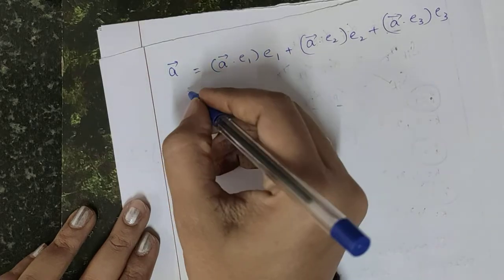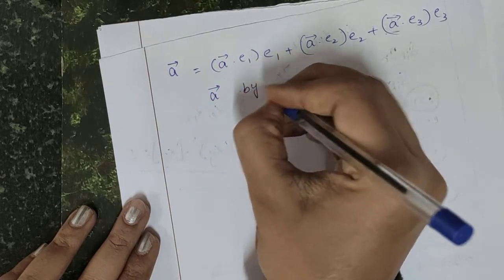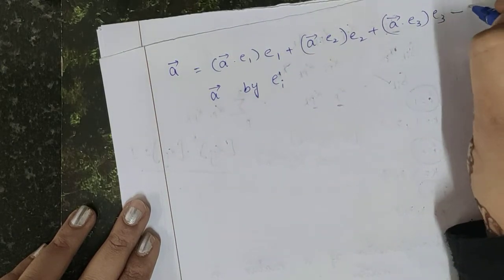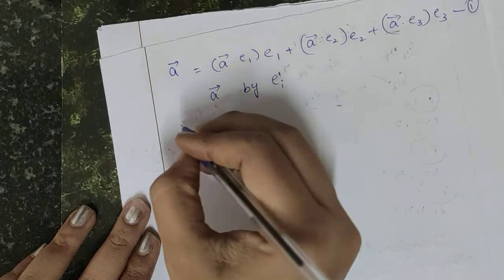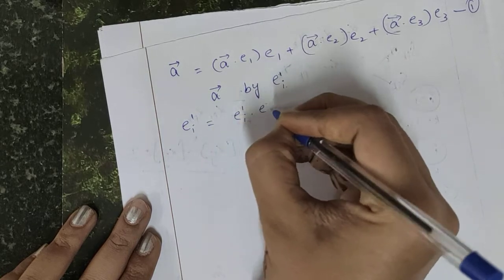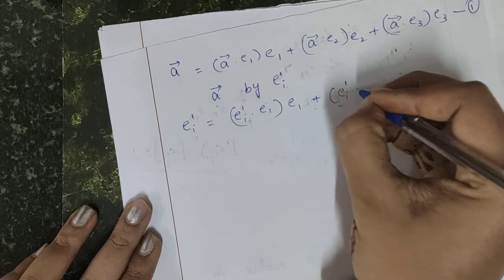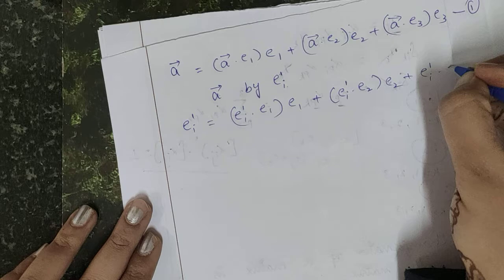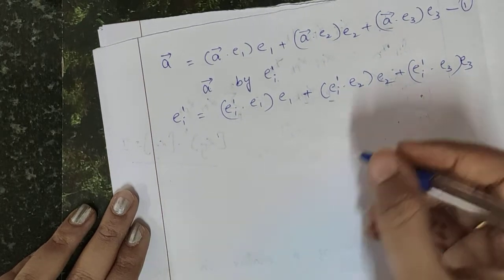Now what I will do is replace vector A by Ei prime. So in equation number 1, if you replace vector A by Ei prime, what will you get? You will get Ei prime is equal to Ei prime dot E1 times E1 plus Ei prime dot E2 times E2 plus Ei prime dot E3 times E3.